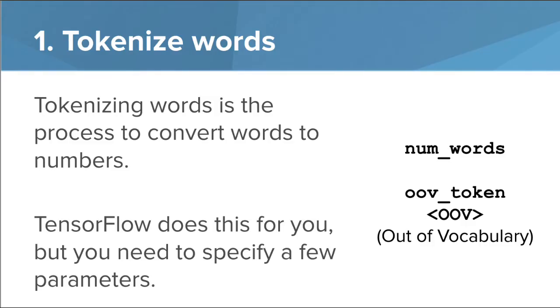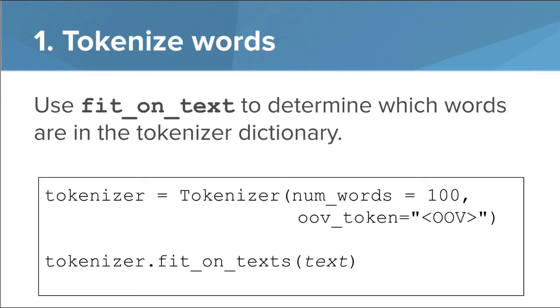While we may not need to capture every word in our dictionary, we still need to represent all of the input data in some way. The OOV token is used to represent any word from the input data that does not have a place in the tokenizer dictionary.